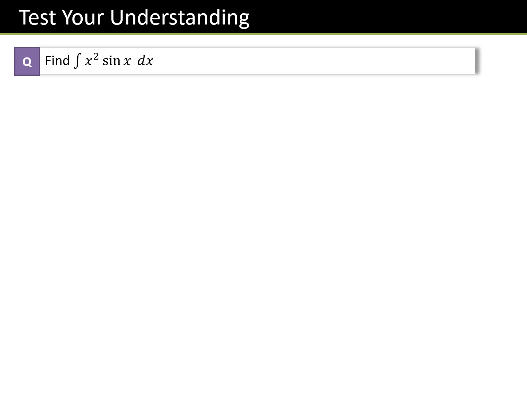Okie dokie. So, integrate x squared sine x. So I'm going to go through this one dead quick. So integration by parts. There's your formula.